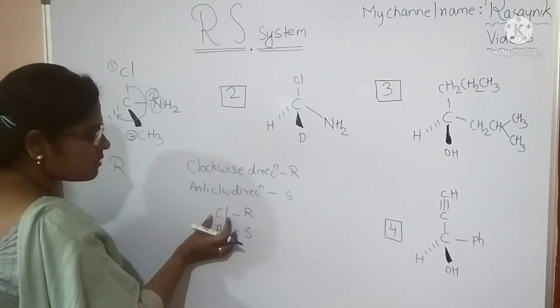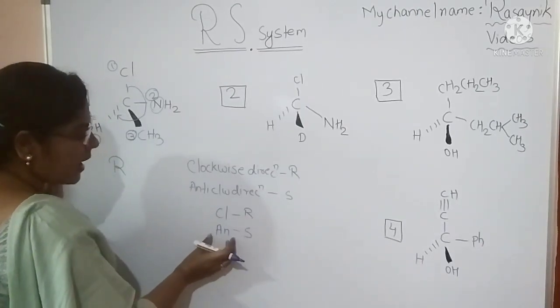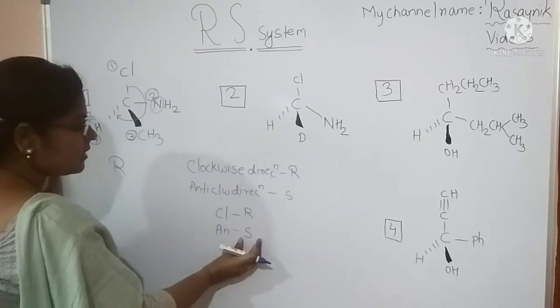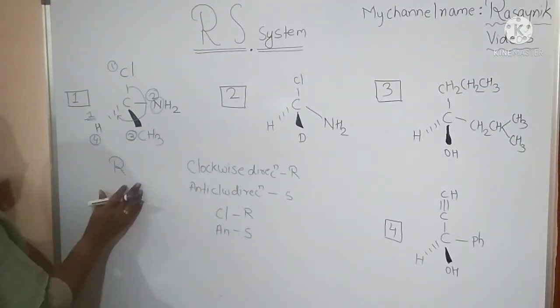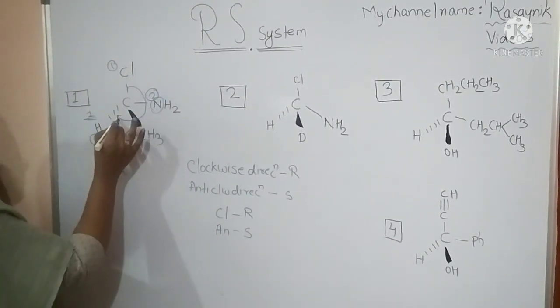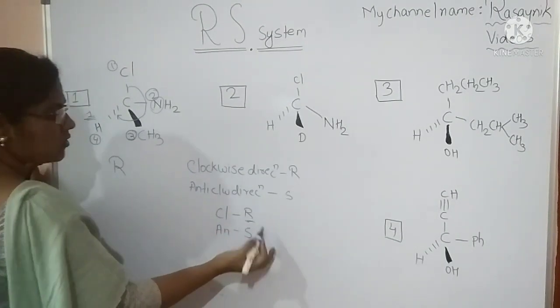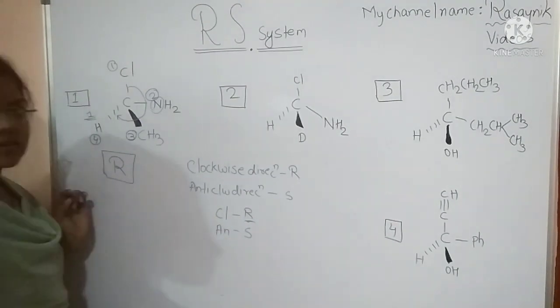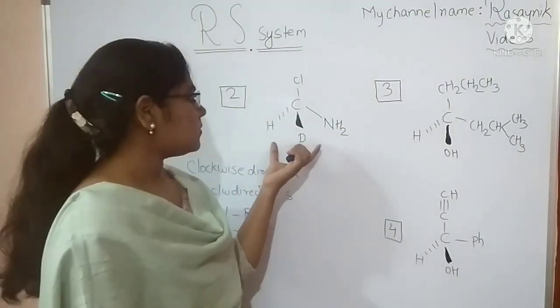CL means clockwise, R configuration, and this is anti-clockwise, S configuration. Now clockwise direction, what will come? R configuration. Did you get it? Yes.